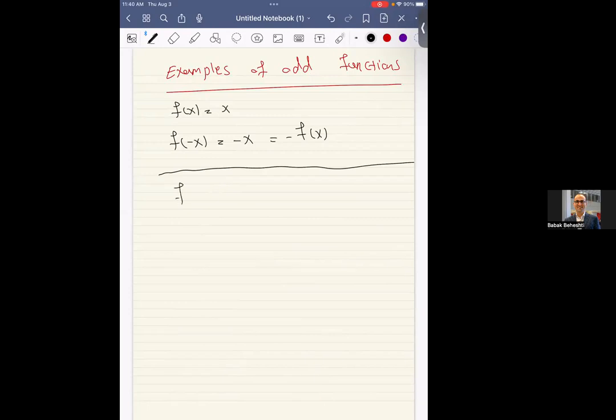What else? Liana, another odd function. Any odd power of x, basically. Like x cubed, x to the power 5, 7, any odd power. So x cubed.